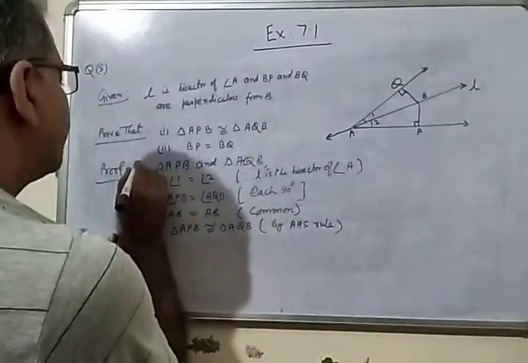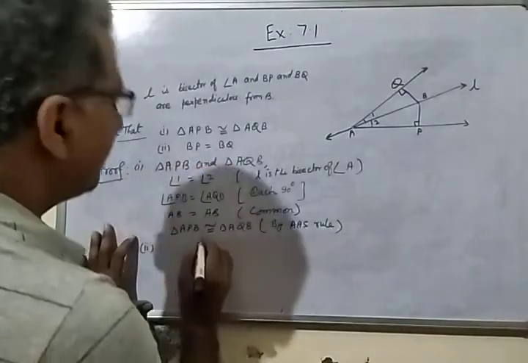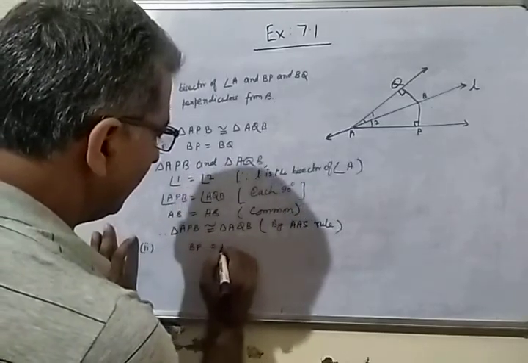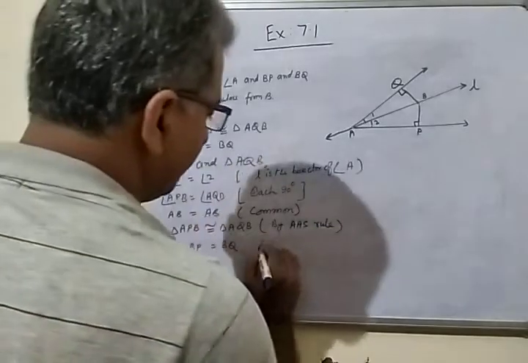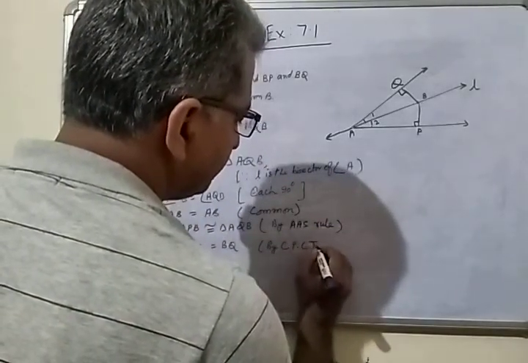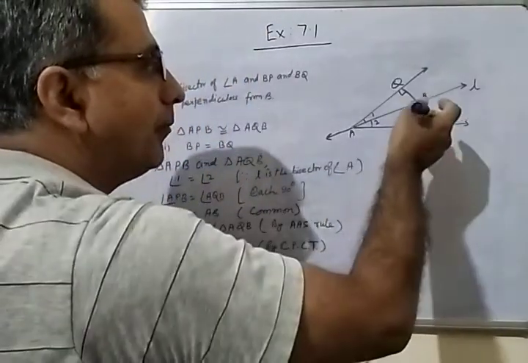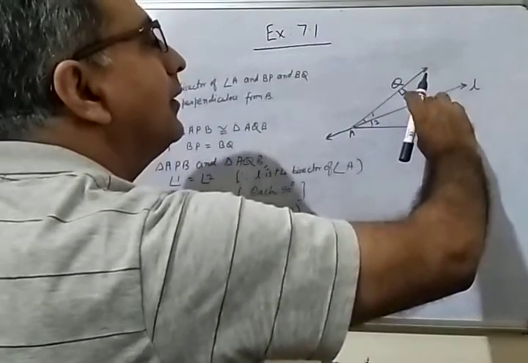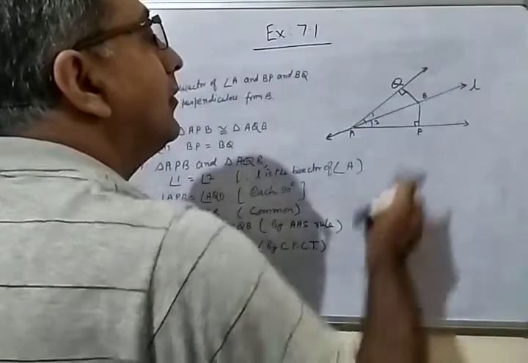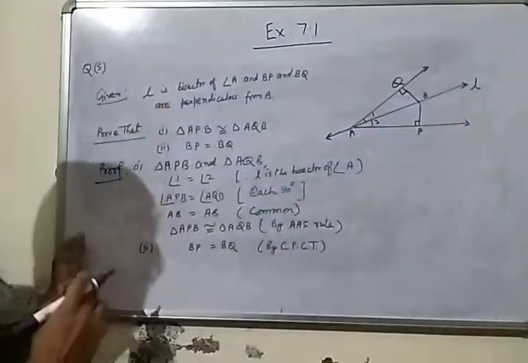This is the first part. The second part is BP equals BQ by CPCT. It means the point B is equidistant from the arms, meaning both distances are equal. So this is question number 5.